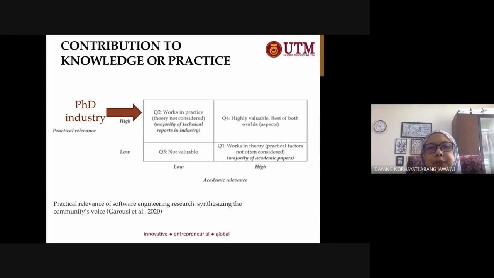So both supervisors from industry and academia will work together to make sure the student can make a contribution in Q4. Okay, so as I mentioned just now, Q2 is usually where you do contribution with industry and less with academia. If you are doing it with only academia, most probably you will go into the Q1 quadrant.